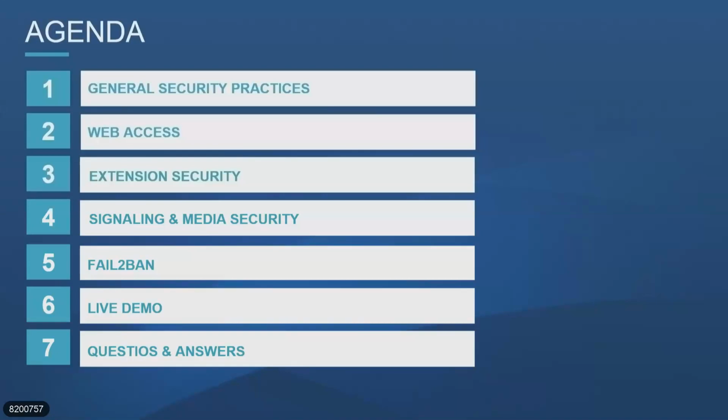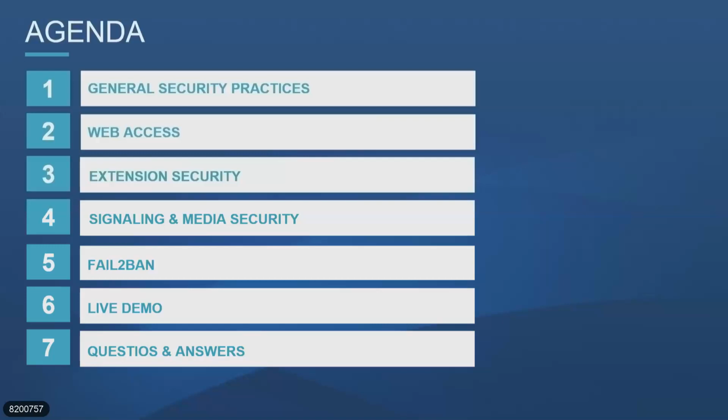So let's get started. This is the agenda of today's webinar. We're going to talk a little bit about the general security practices that are recommended. Then we will talk about how to secure the web access of the UCM and how to make your extension more secure.